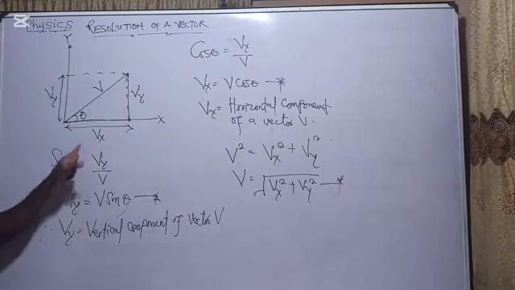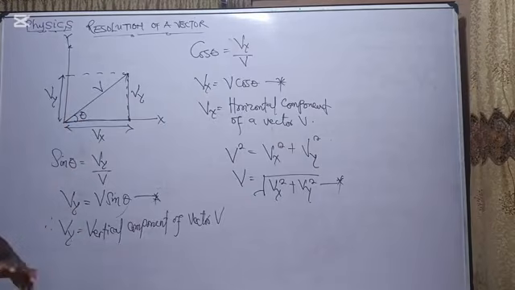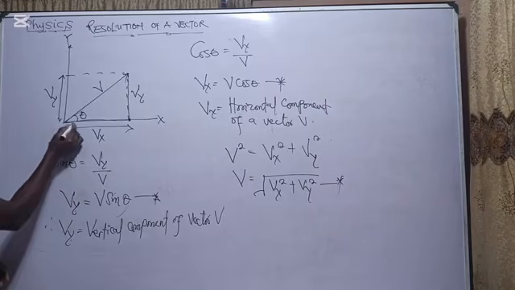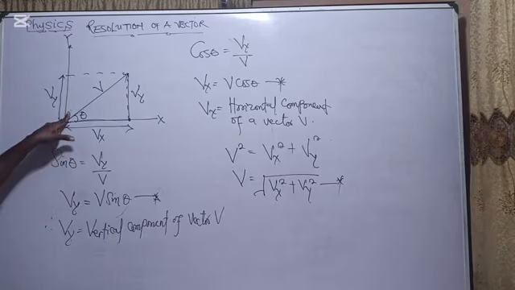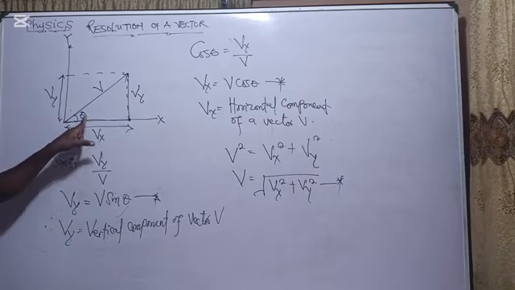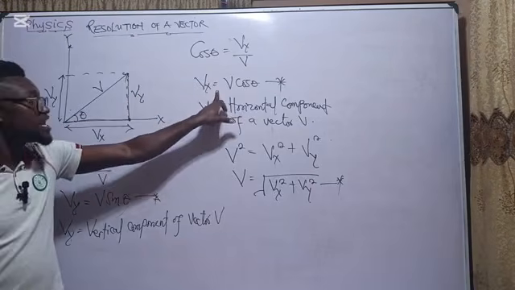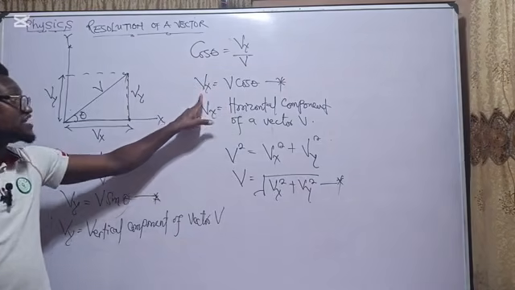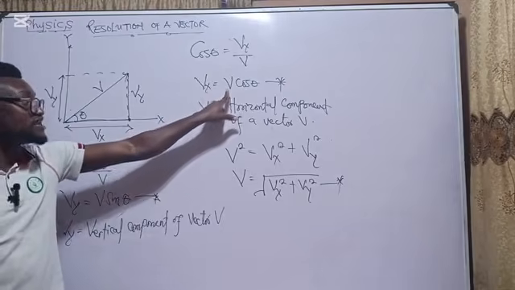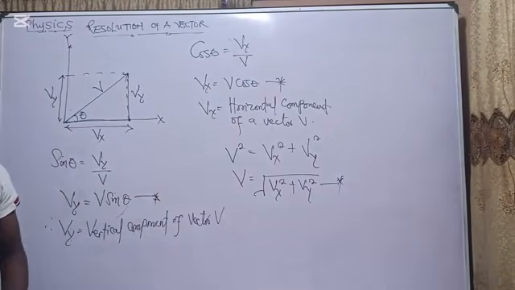But remember, it depends on where you have the angle of resolution, because this angle of resolution might be inclined to the vertical. If it is inclined to the vertical, then this very formula will automatically change. In that case, we are going to see that Vx will now be V sine theta.